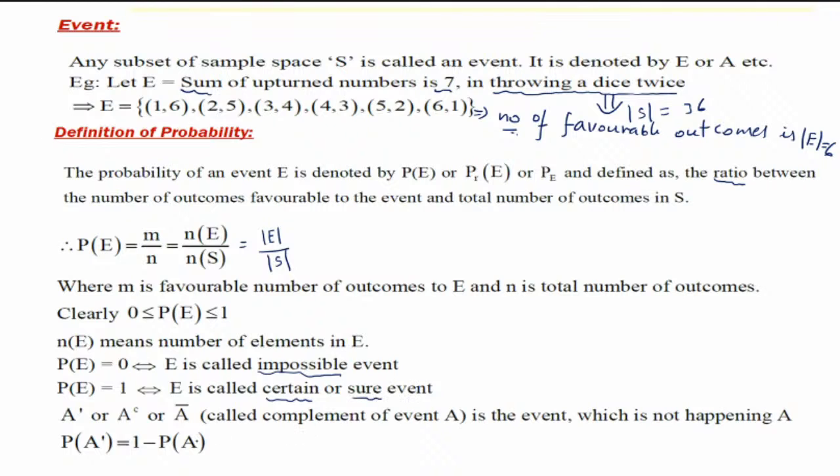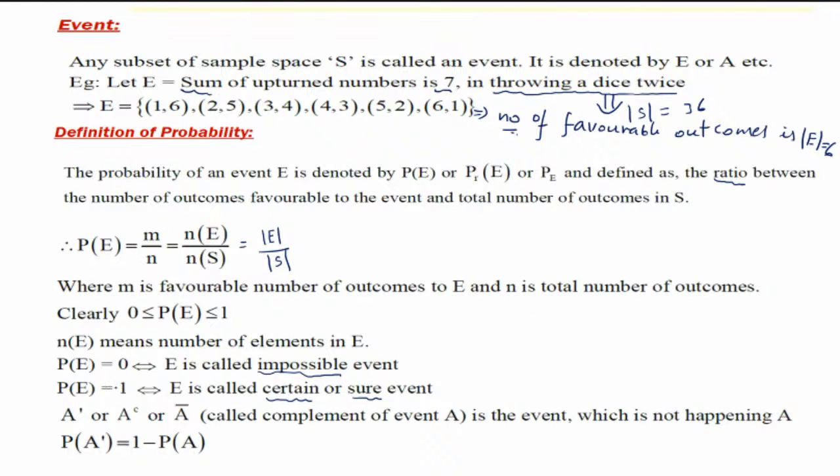Now, A dash or A complement or A bar, called the complement of event A, is the event which is not happening A. For example, I told you let event A be that the sum is 7. What is A dash? That the sum is not 7. That is the meaning.